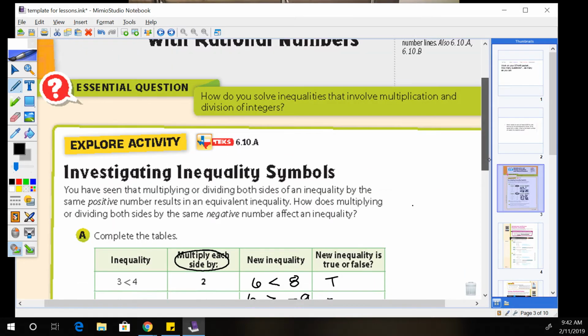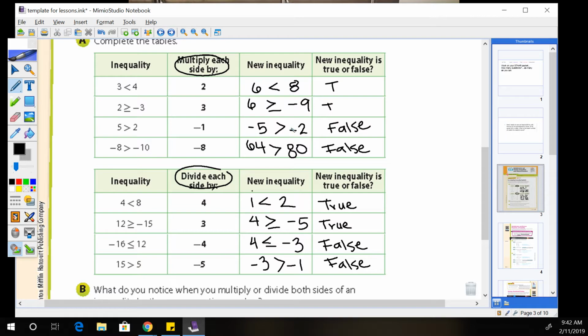So if we go back to our chart, if I was to reverse the inequality symbol, it will be -5 less than -2. Is this statement true? Yes, now it is true. Why? Once we rotate the inequality symbol, -5 is smaller than -2.